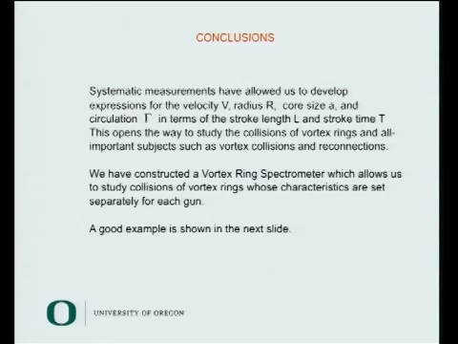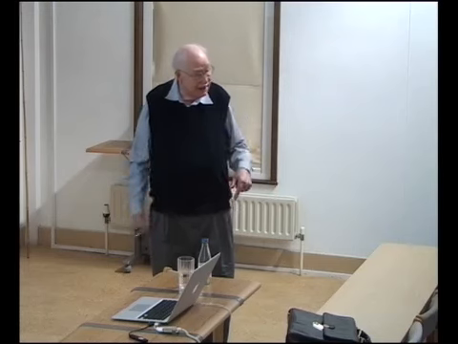So the conclusion of all this is that we now have a method of making vortex rings of very, very good quality. And we know exactly what their characteristics will be by setting the stroke length and the stroke time. So now we can do sort of nuclear physics experiments.